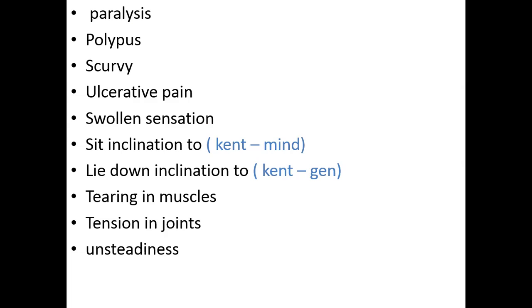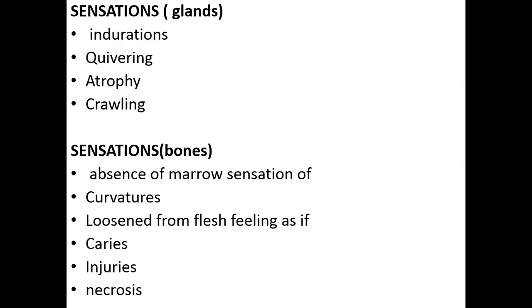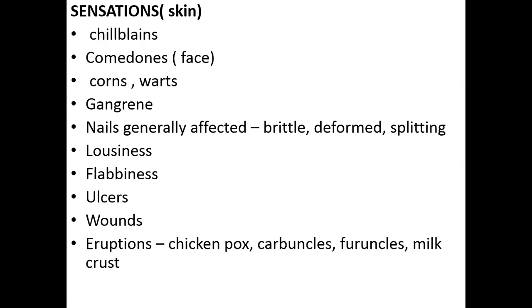Lie down, inclination to, is given in Generalities under Kent repertory. Tearing in muscles, tension in joints, unsteadiness. Now, sensation, glands, induration, quivering, atrophy, traveling sensations, bones, absence of marrow, sensation of curvatures, losing from flesh, feeling as if, caries, again important under sensation, bones, injuries, necrosis, again it's important.